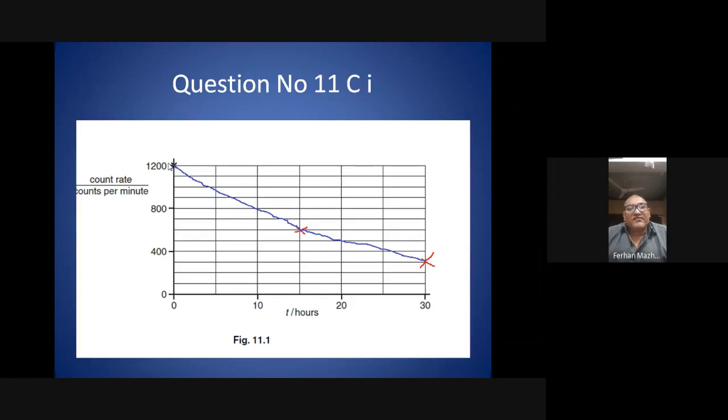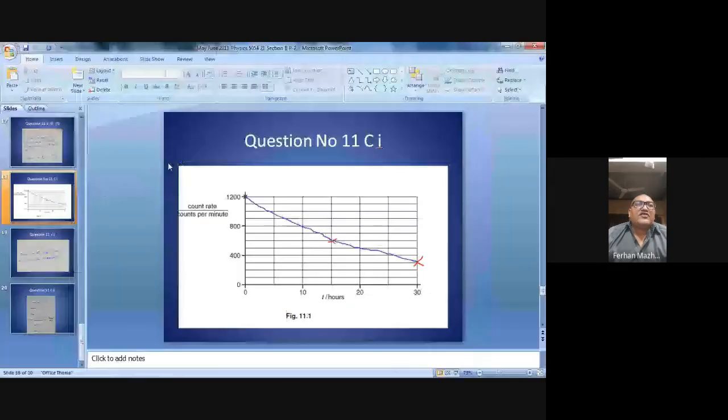So at 15 comma 600 I will put a cross, and then another half-life of 15 hours will pass, and that 600 will further halve, and it will become 300. So at 30 comma 300, I'll put a mark there. Then I will join these 3 points with a smooth curve. So hopefully you have understood, and let's move to the next part.